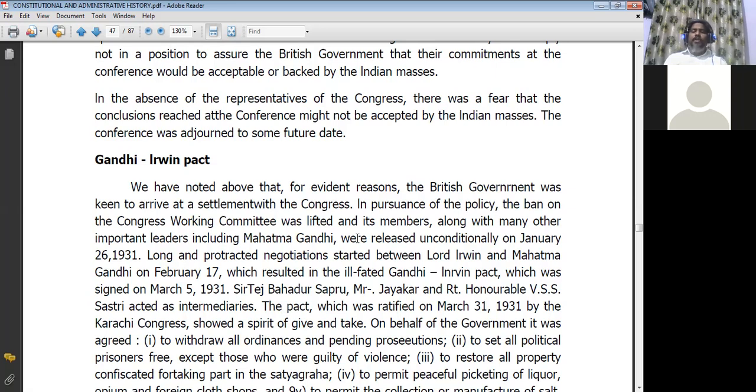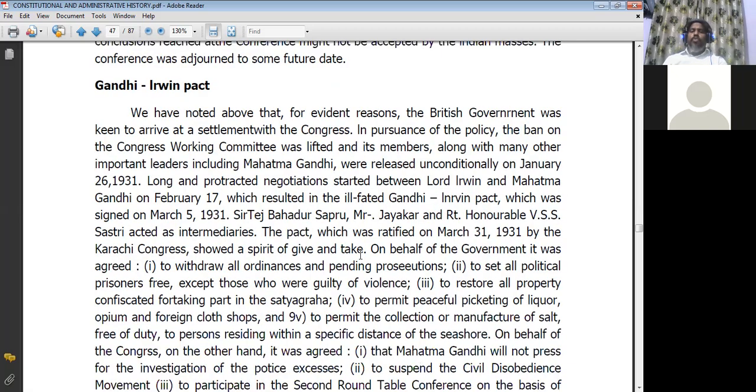On behalf of the government, it was agreed to withdraw all ordinances and pending prosecutions, to set all political prisoners free, except those who are guilty of violence, to restore all property confiscated for taking part in the satyagraha, to permit peaceful picketing of liquor, opium, and foreign cloth shops, and to permit all collection of manufacture of salt free of duty to persons residing within the specific distance of the seashore.